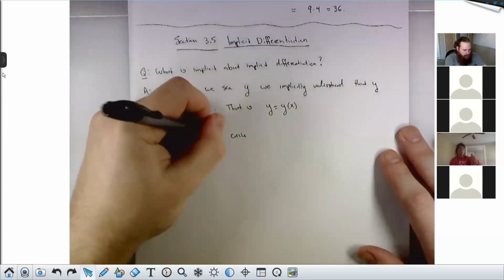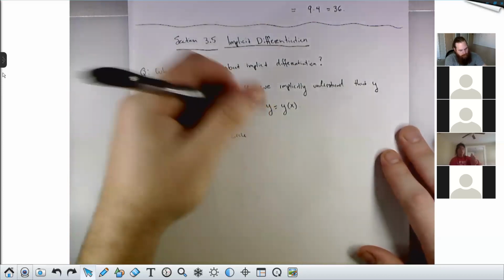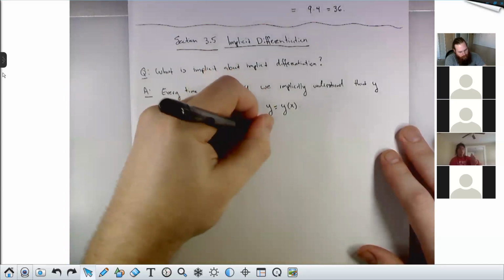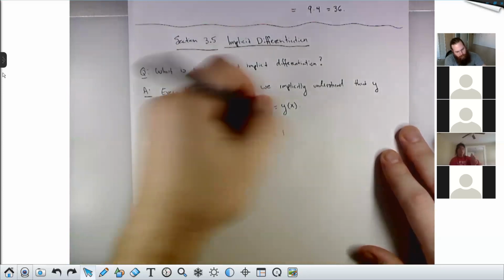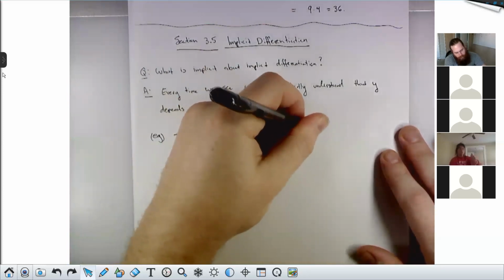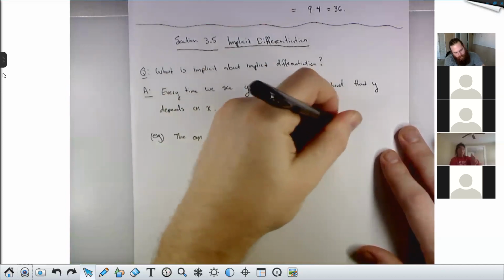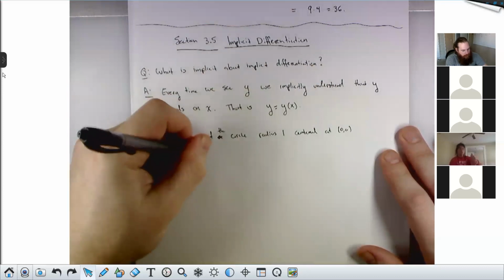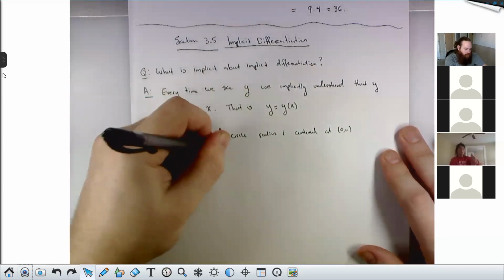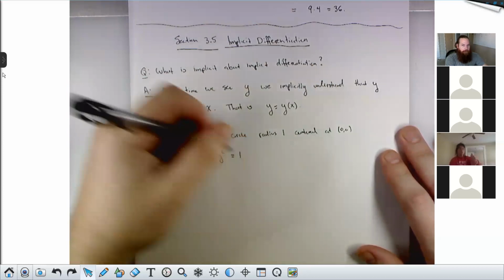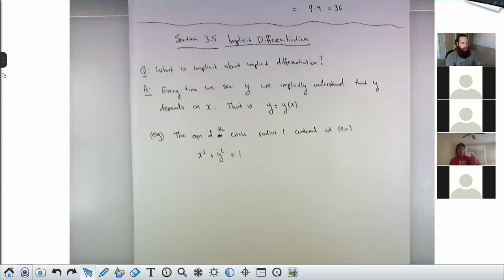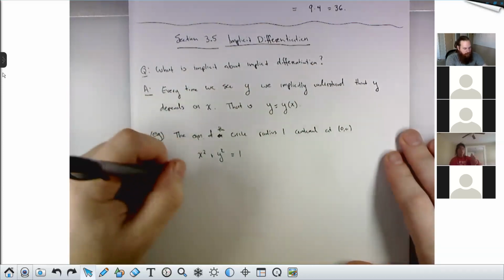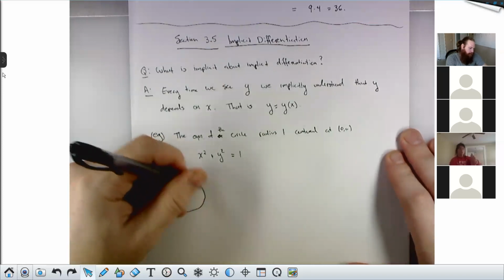Let me say the circle, radius 1, centered at 0, 0. So the unit circle, the equation of the unit circle is x squared plus y squared equals 1. So y here is not given explicitly as a function of x, right?